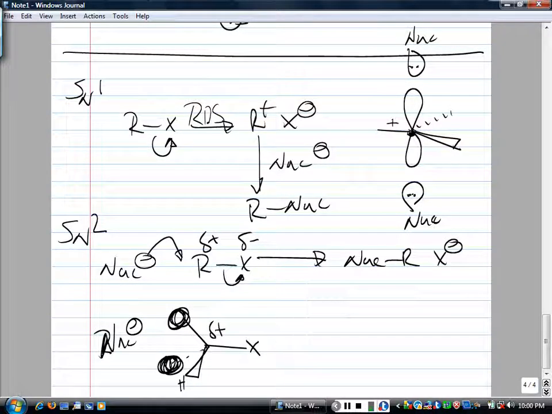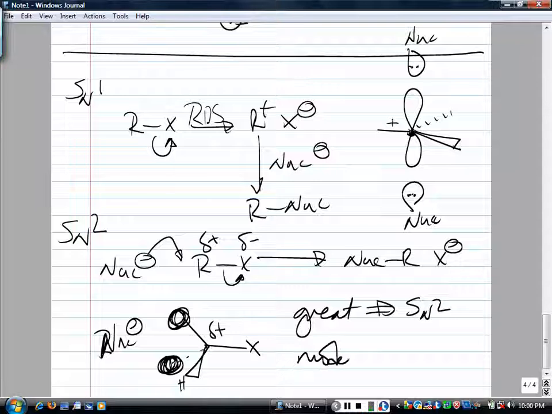So doing an SN2 reaction, the nucleophile has to be way more aggressive, way more persistent than in the case of an SN1, because you're attacking a carbon that is not fully positive and that has groups that are in your way. So you have to be a deliberate, intent, aggressive nucleophile to carry the SN2. So in other words, I would say great or strong nucleophiles would encourage SN2, but modest nucleophiles would tend to give SN1.